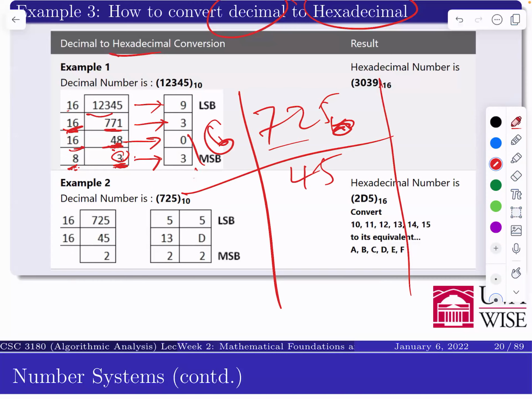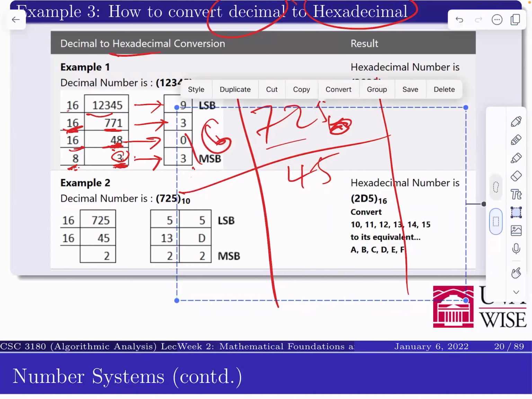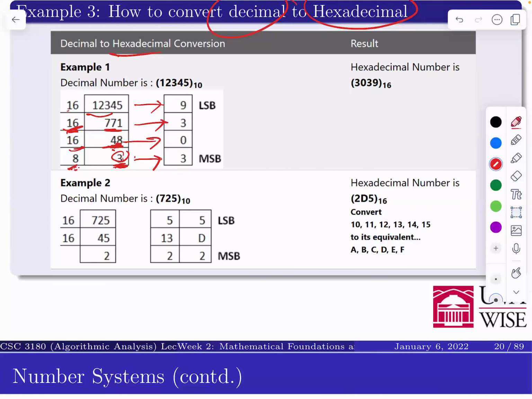The remainder is going to be 5. 16 goes in 725 45 times. Then 16 goes in 45 2 times. The remainder is 13.